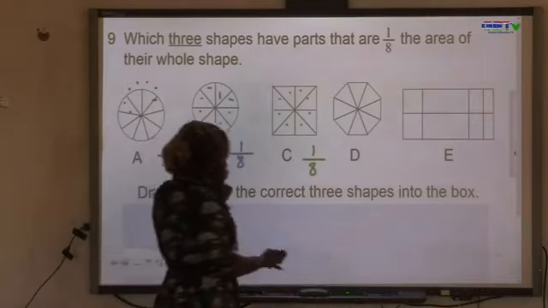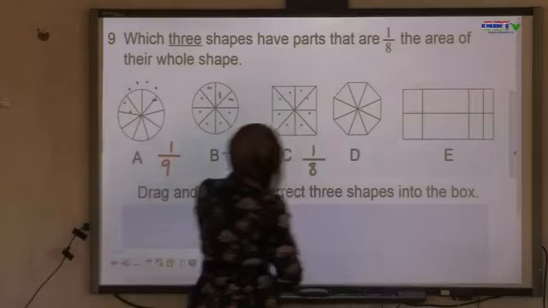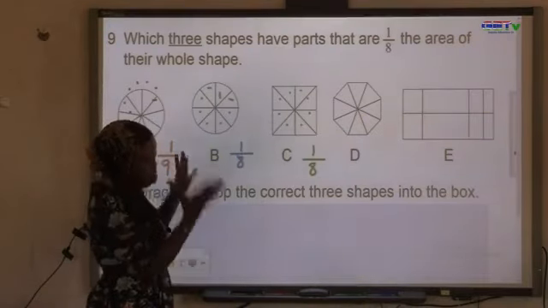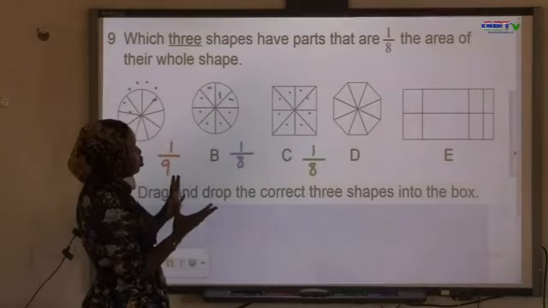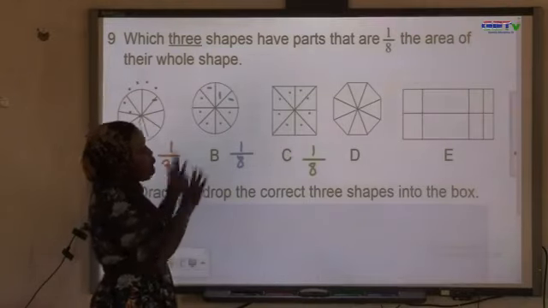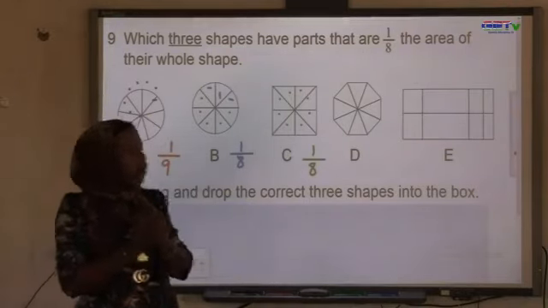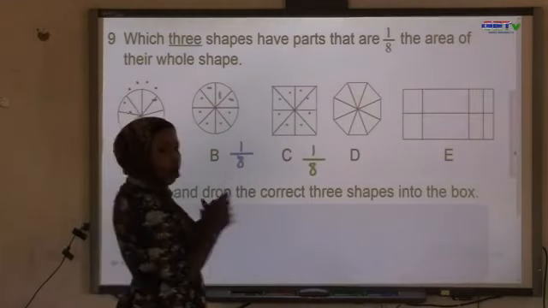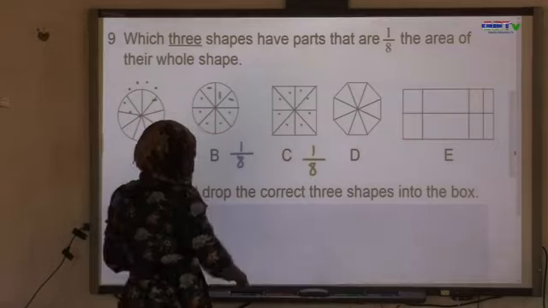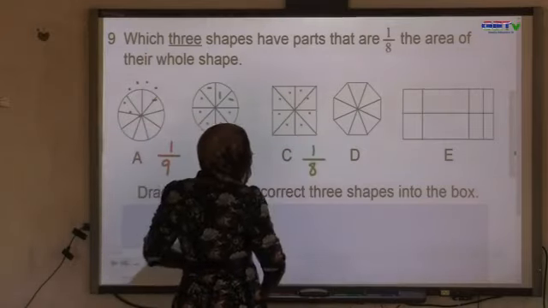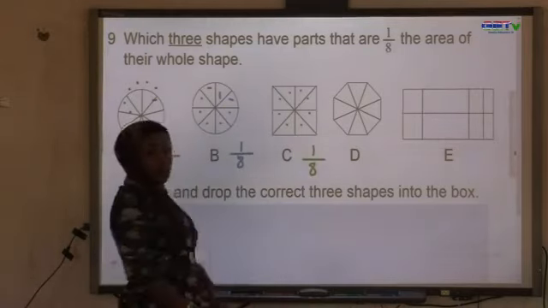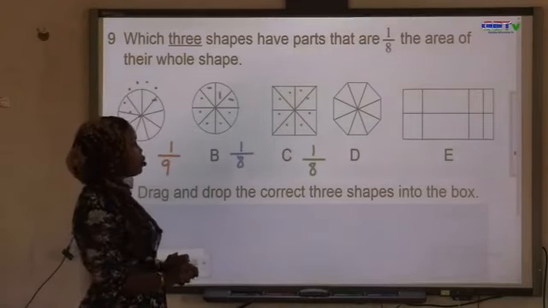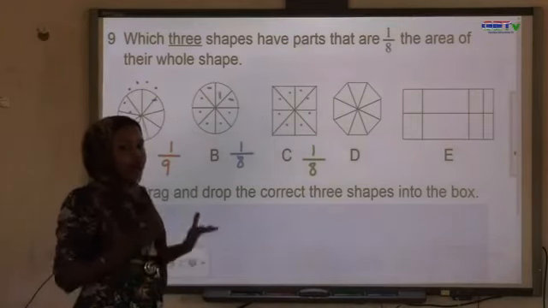Now let's move on to option D. In option D, we have a whole. Are all the parts equal? Yes, all the parts are equal. How many parts do we have? That is, the whole is divided into how many parts?